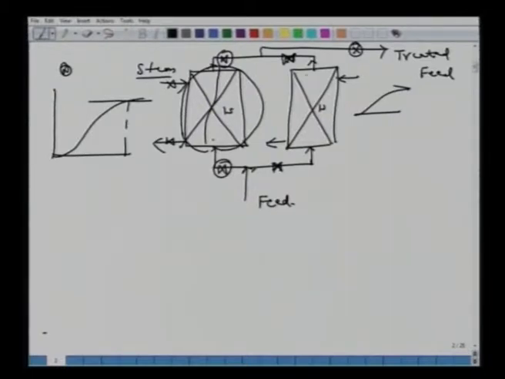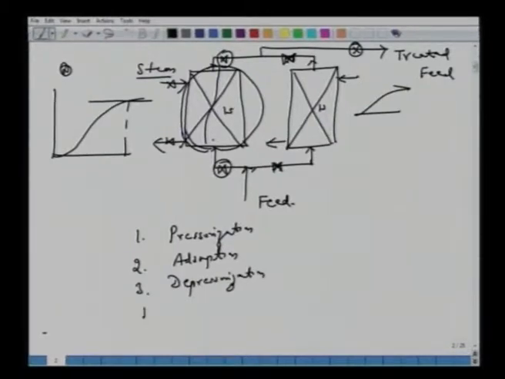And this type of very typical cycle, in which case you have some, say, pressurization, it means before you start a bed, you bring it to a desired level of pressure, then you have adsorption, then after this bed is saturated, you depressurize it, and then one has to regenerate.